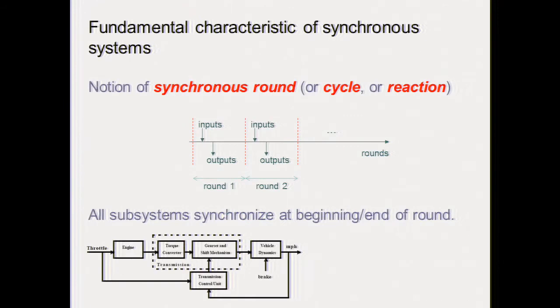Now, the point that I don't like about this figure is that you have the inputs and outputs in between. That's not exactly right, because there shouldn't be an in-between. But you've got to have a picture, right? But remember that every time there is a reaction index, input and output occur at that reaction index.